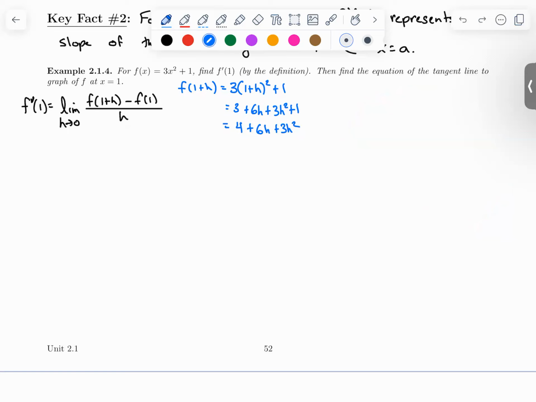So the other thing is we do need to calculate f of 1. F of 1 is 3 times 1 squared plus 1, which is equal to 4. I hope you can see, by the way, now why I write out the thing for our notes. I don't require you to write 3 times 1 squared plus 1 on your exams or on your quizzes and things like that. I don't expect that because I trust you to compute those things.